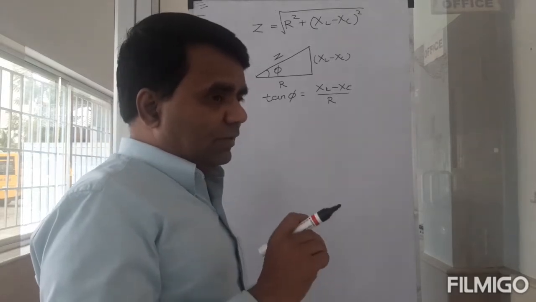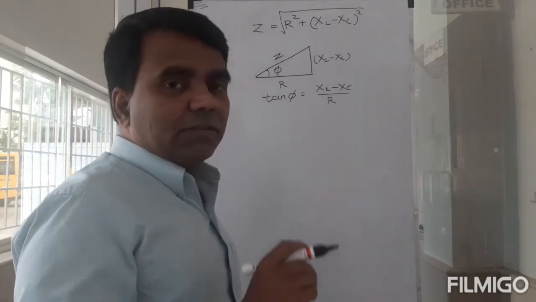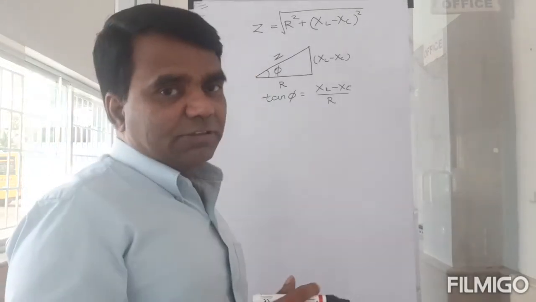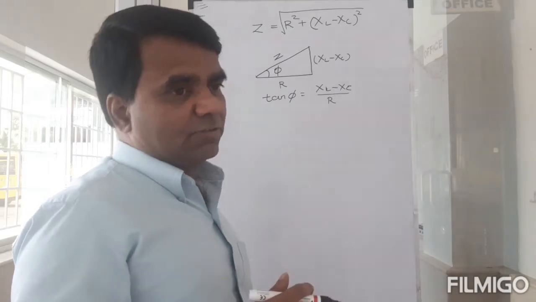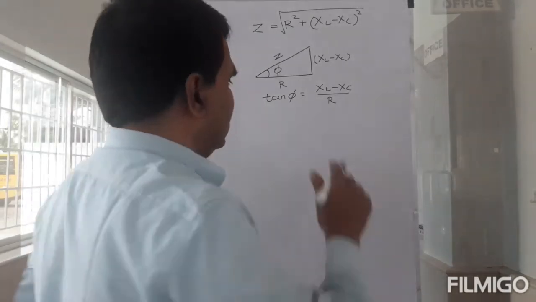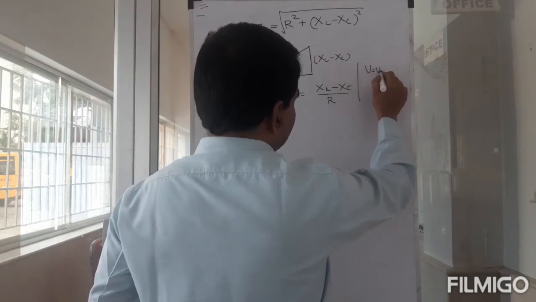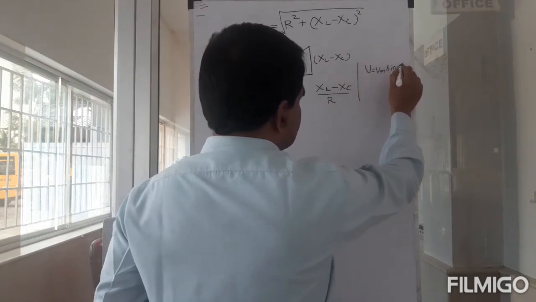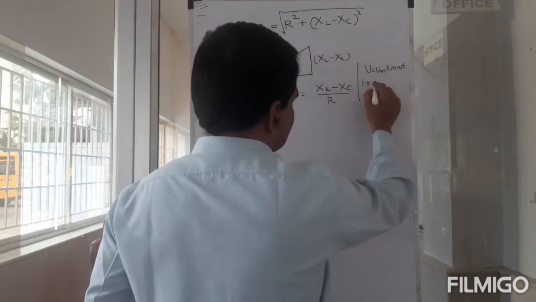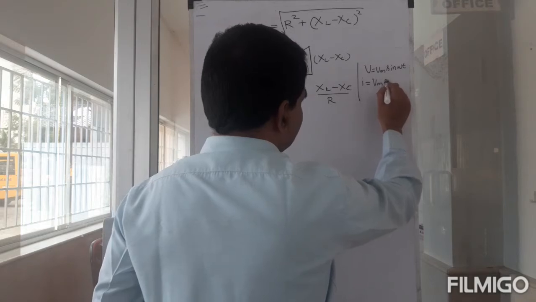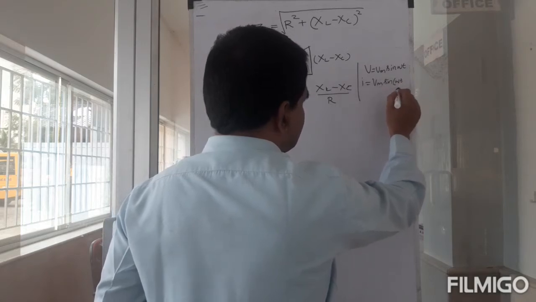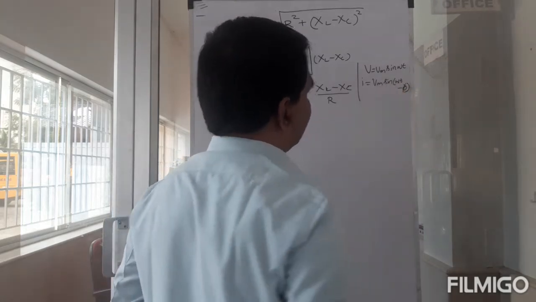If the current lags the voltage, then it must be an inductive circuit, which means that if my voltage is written as V is equal to Vm sine omega t, then my current is going to be Im sine omega t minus phi.